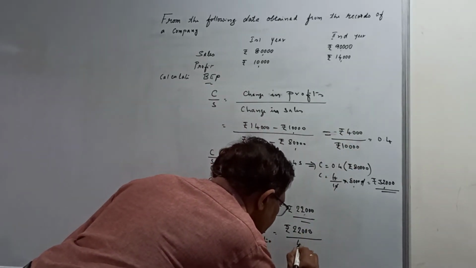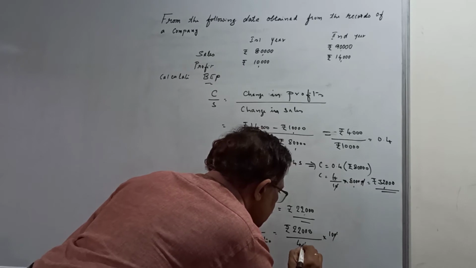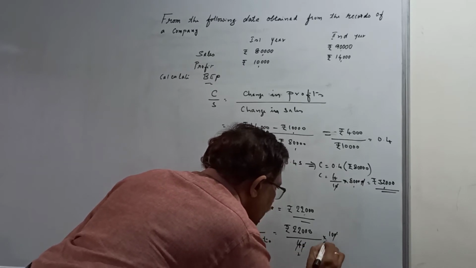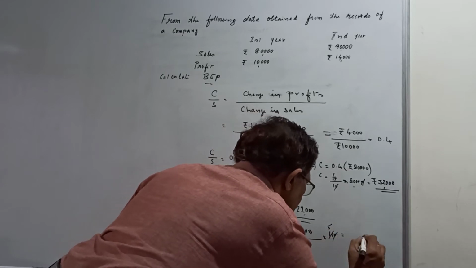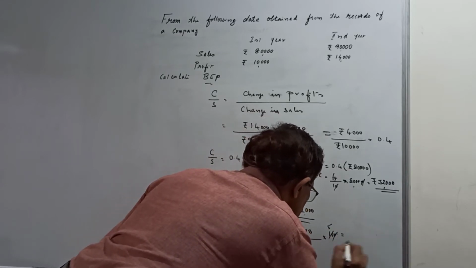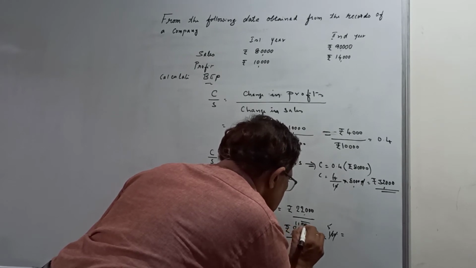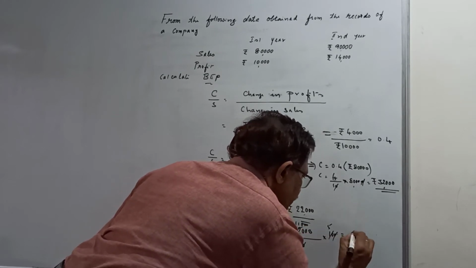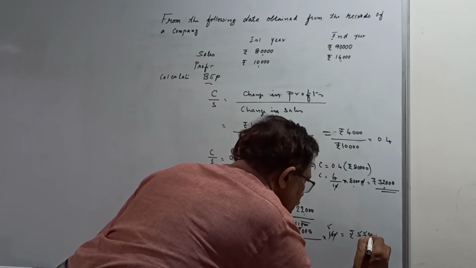We can take it as 40 here and 100 here. This goes 2 times and this goes 5 times. This goes 11,000. 11,000 into 5 is going to give us 55,000.